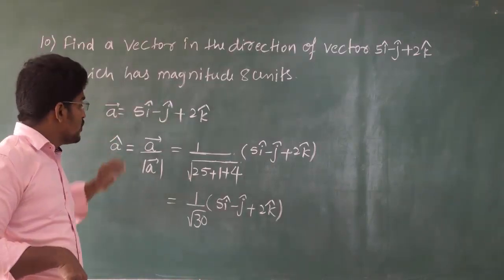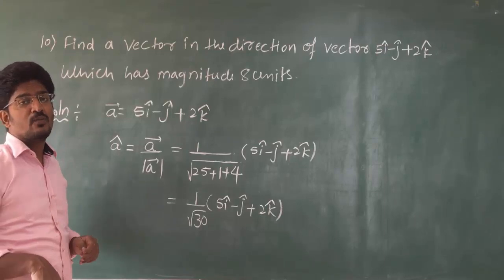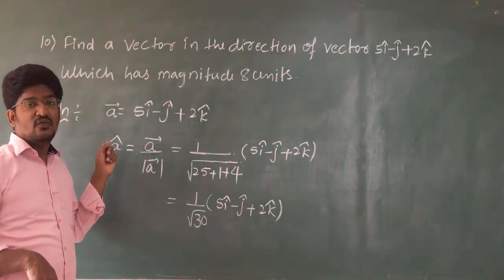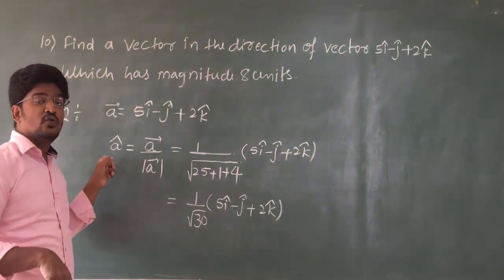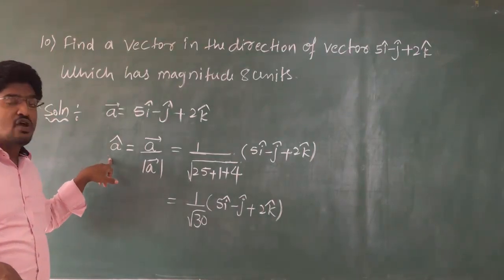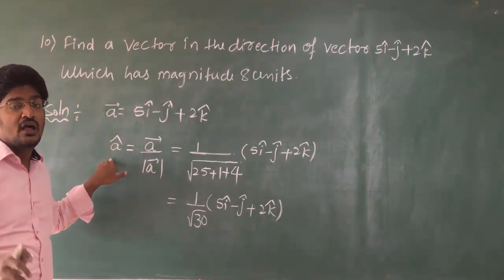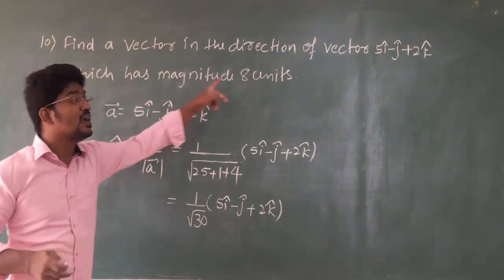Clear? Now what is the magnitude of this A cap? 1 unit. Are you getting my point? This is the vector with magnitude 1 unit because this is the unit vector of vector A. Now what we shall do? We have to multiply this unit vector with 8 units.